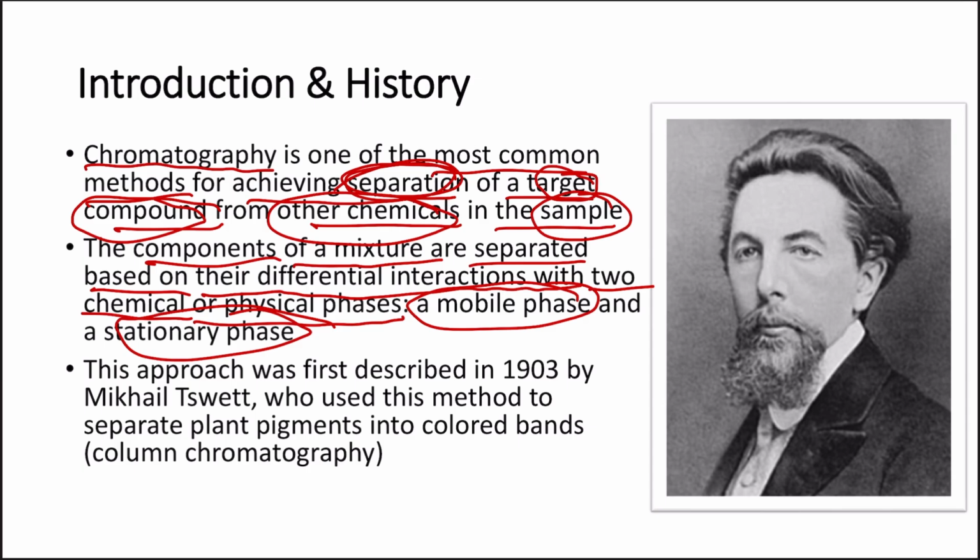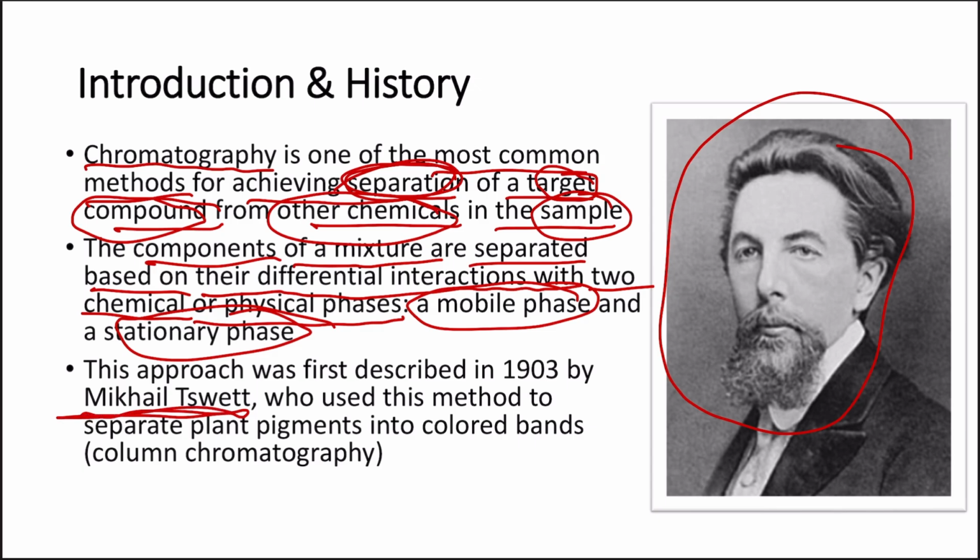Right now, what we need to know is that the separation occurs because of the differential interactions of all the different chemicals present in a particular sample with the mobile phase and the stationary phase. Chromatography was first applied by this gentleman, Michael Sweet.